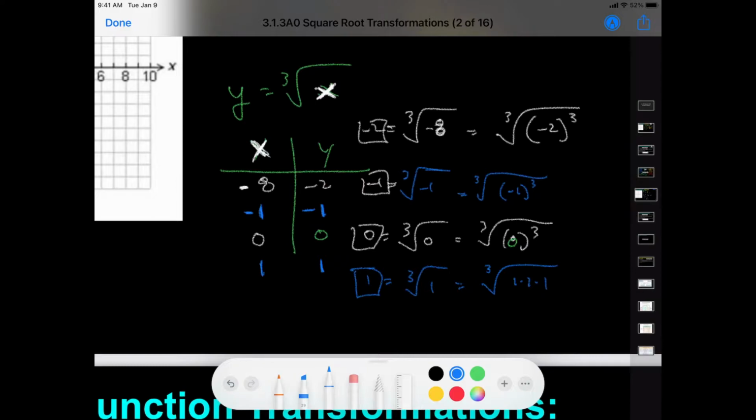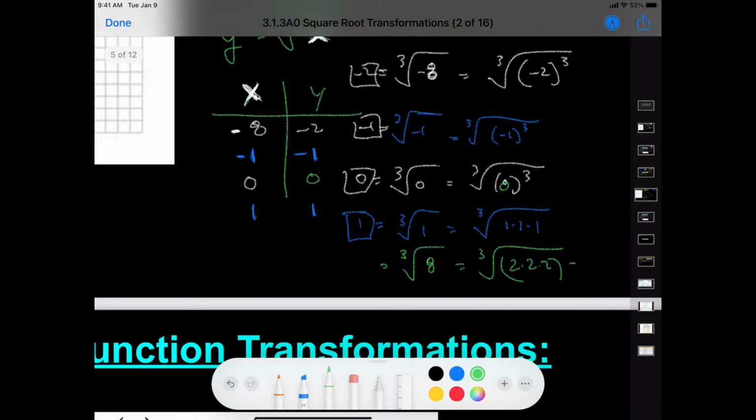Now if I chose 8, again, you have to think of the cube root of 8. This would be 2 times 2 times 2, or 2 to the 3rd power. And those 3's would cancel there, and you're left with just 2. So if I put in 8, I get 2.